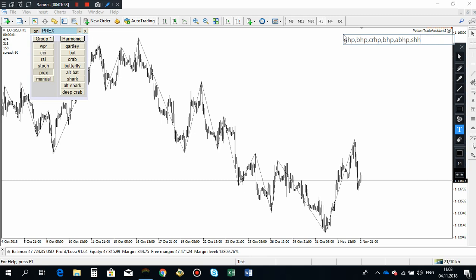Oh, no, we don't have sharks. Okay, and we have deep crab harmonic patterns. So these patterns.